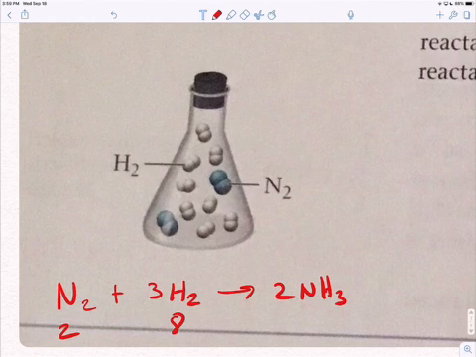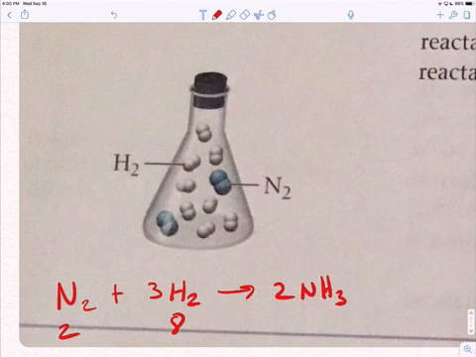And 8 hydrogens reacted all the way will form, and the ratio would be 2/3. Wait, that doesn't make sense.